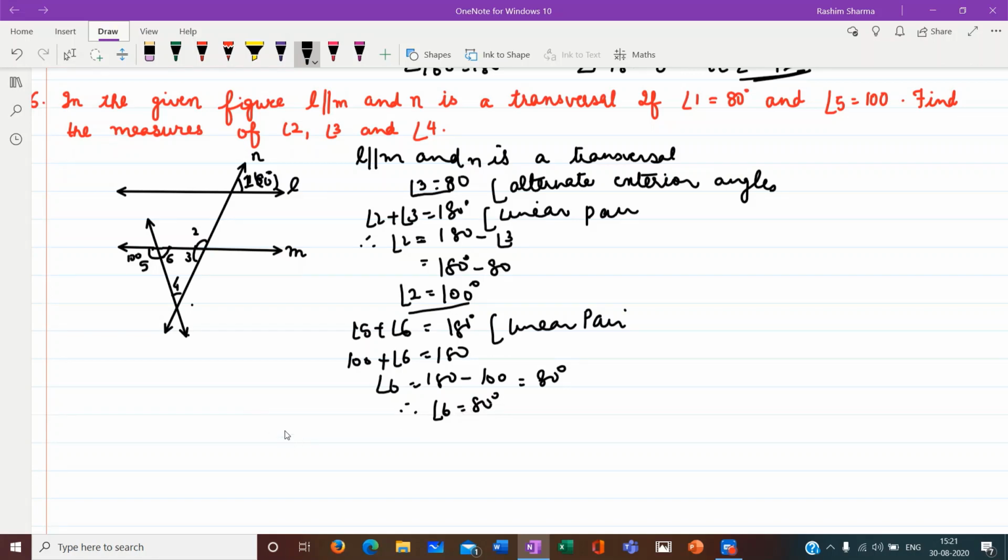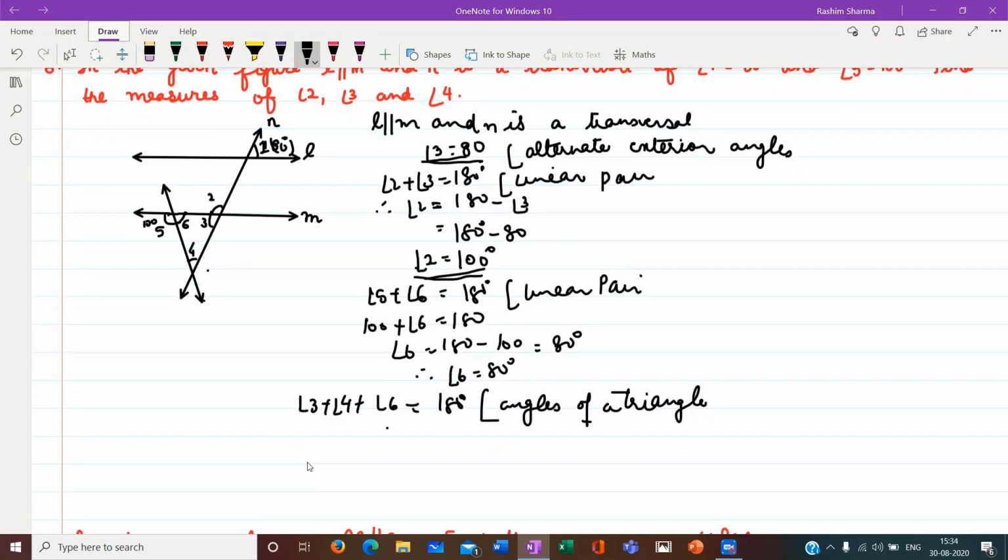Now angle 3 plus 4 plus angle 6 will sum to 180 degree. Why? Because these all are angles of a triangle, and in a triangle sum of angles is equal to 180 degree. Now when we put the value of angle 3 here, it is 80 degree plus angle 4 and 6 we got above 80 degree, it is equal to 180 degree.